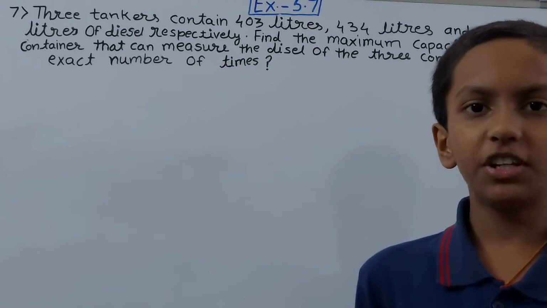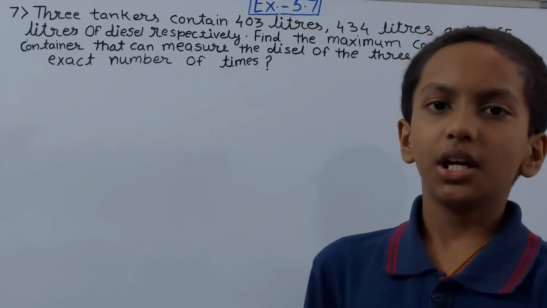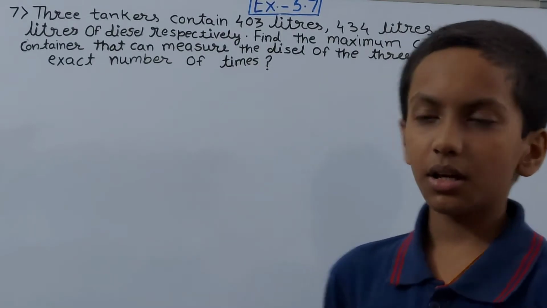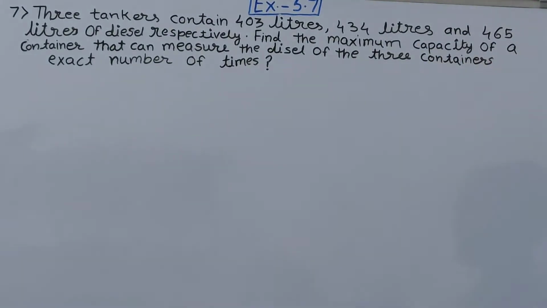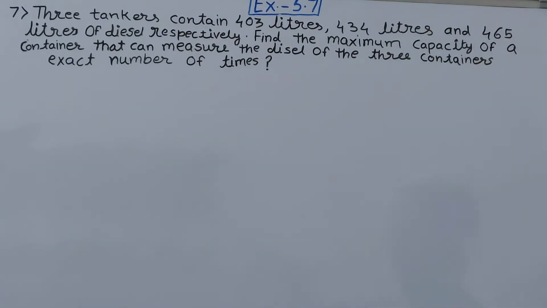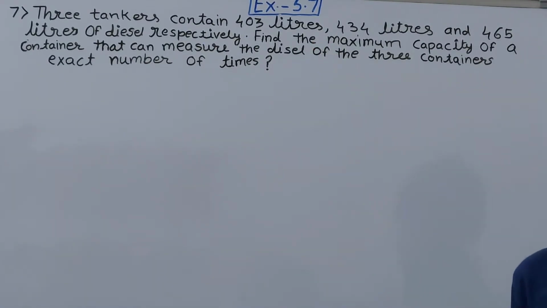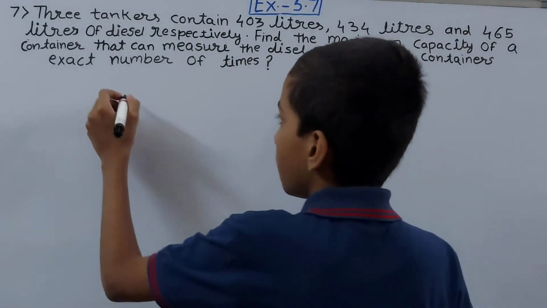Friends, here we need to do the factorization method, and in the factorization method we don't group our numbers, we find their factors separately. Okay, so friends, we are going to do the factorization first with 403.